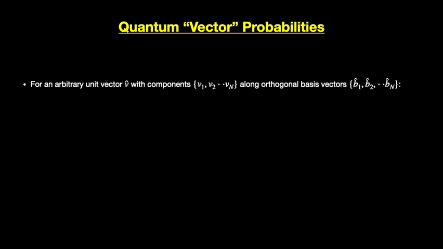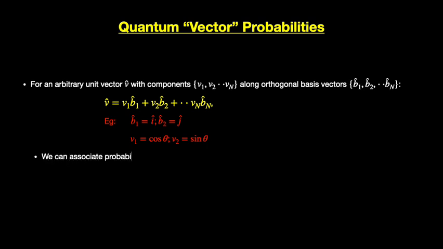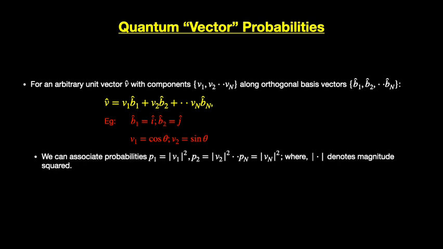Then, since this is a unit vector, I can define a probability through the modulus squared of these components. So for instance, the probability to be along the first basis direction I can say is modulus of v1 squared. The probability to observe or be along the second basis direction is mod of v2 squared, and so on all the way to mod of vn squared.